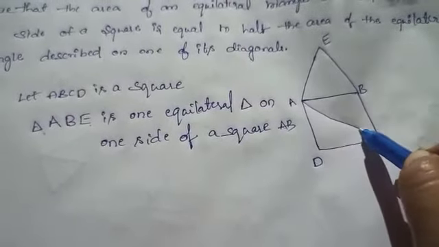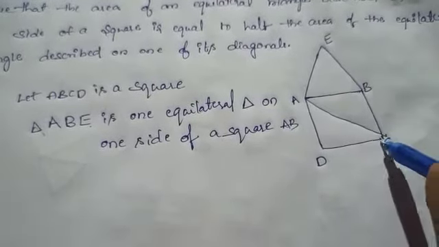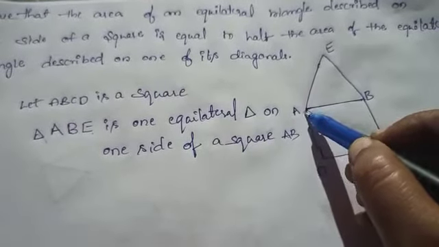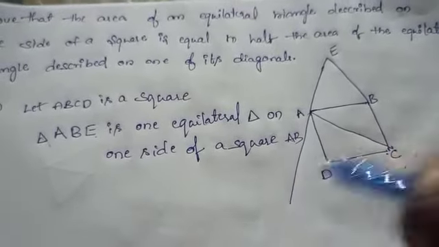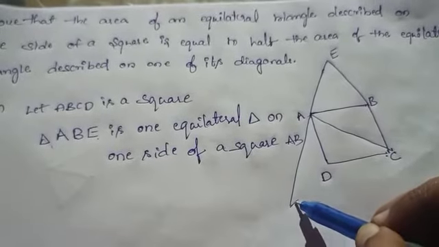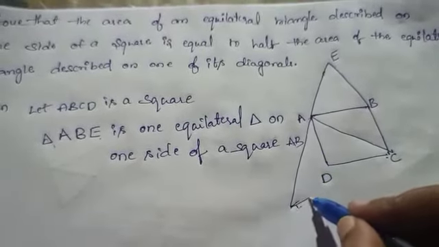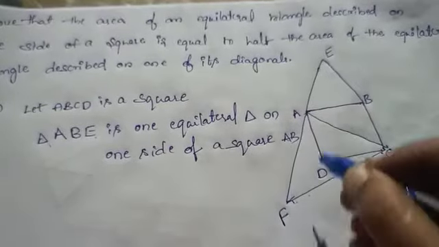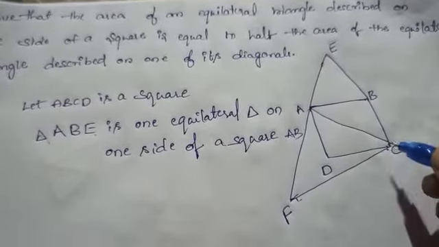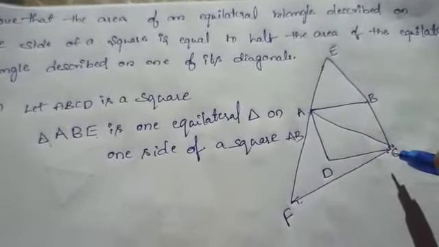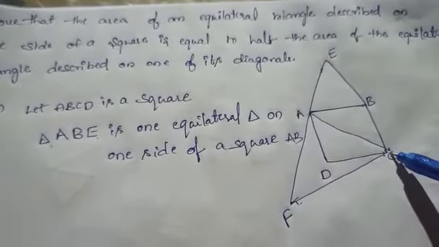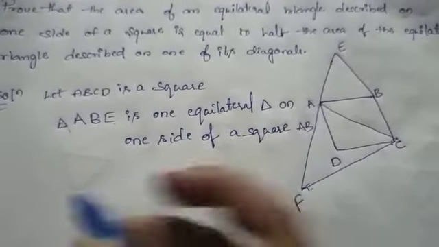Here, AC is the diagonal of the square. Let's draw one equilateral triangle on the diagonal of the square. Let AFC be one equilateral triangle on the diagonal of the square AC.